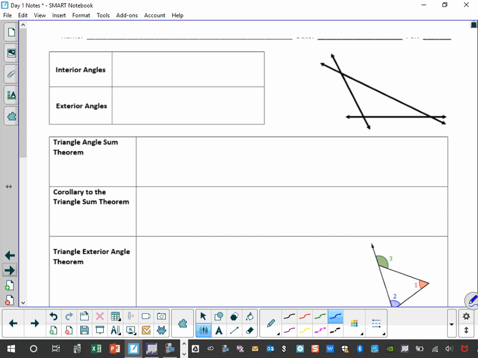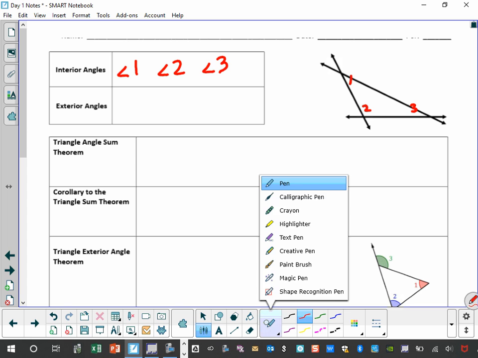All right, look at this part. Turn the page. You guys have interior angles. Look at this picture here. Your interior angles are angles 1, 2, and 3. Do you see why they're interior? Because they're inside.